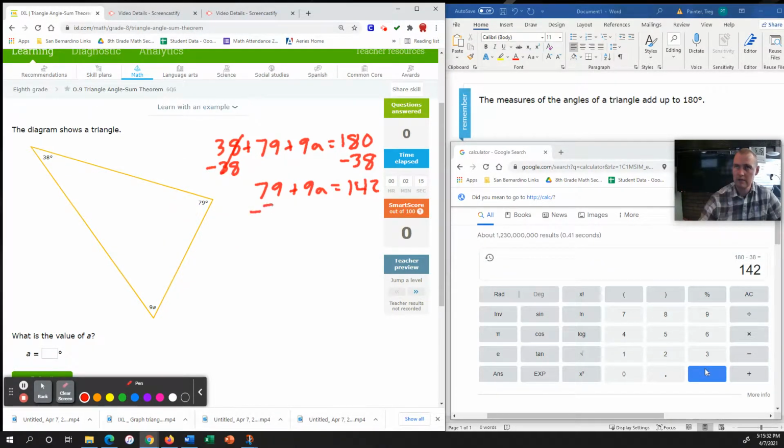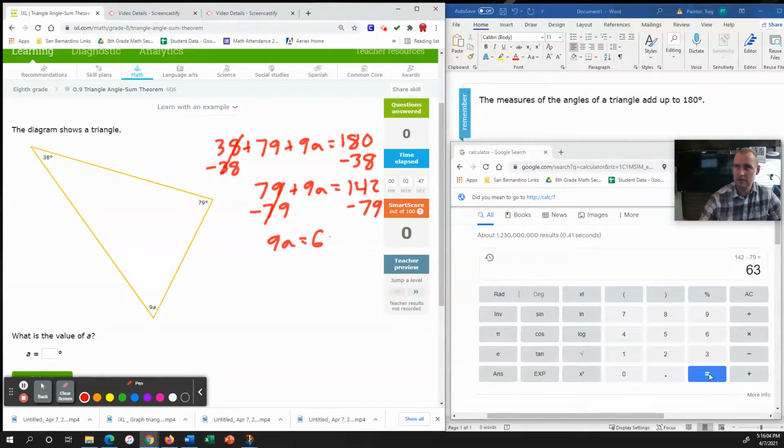And 142 minus 79, both sides, minus 79, minus 79. And yes, that is a 79. We're going to go ahead and fix it right on up. There we go, minus 79. And I'm going to go ahead and plug it in the calculator. So we got 142 in the calculator already, minus 79. It's going to take us to 63. So 79s are out.